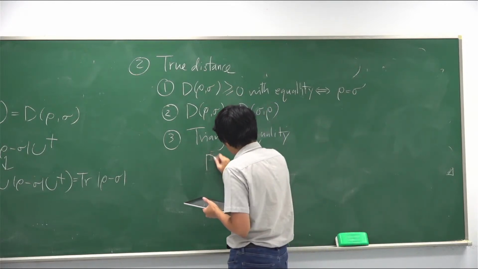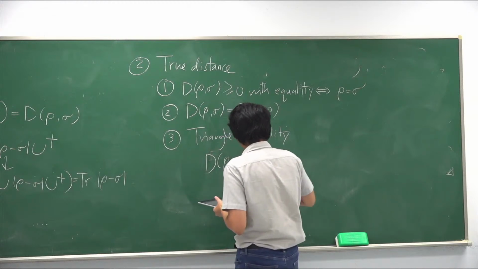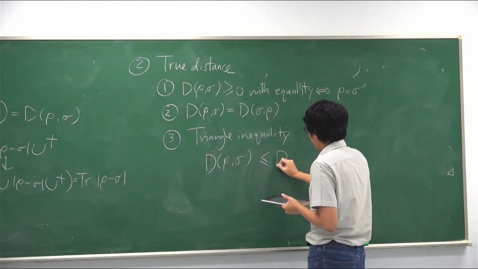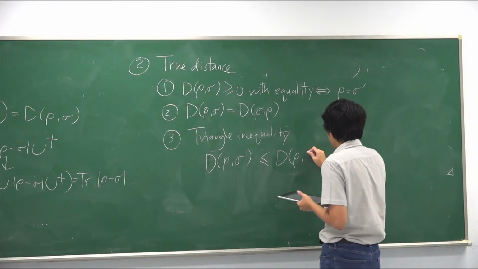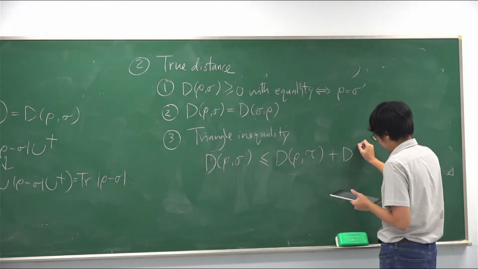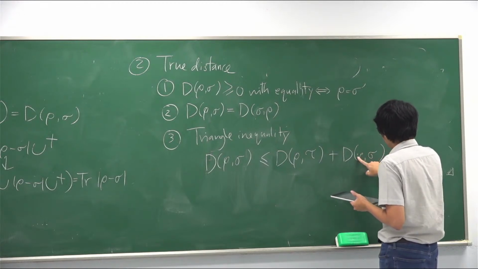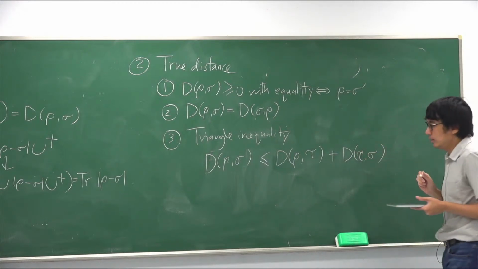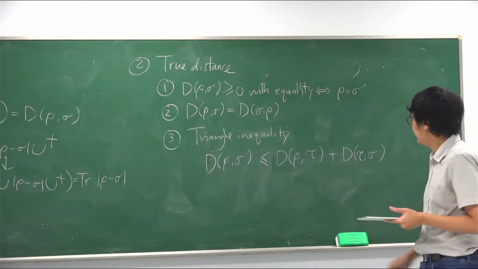Okay, let's see. So this would be, if I have another density matrix, let's call it tau, the triangle inequality.